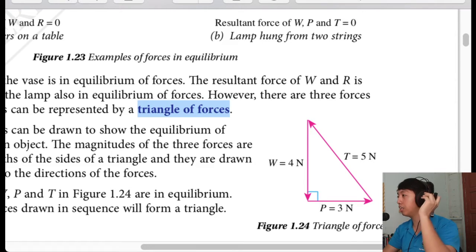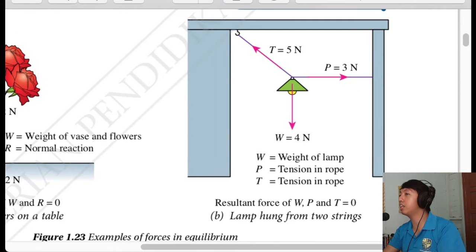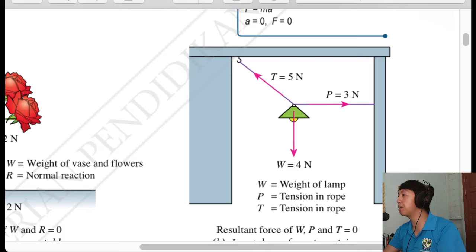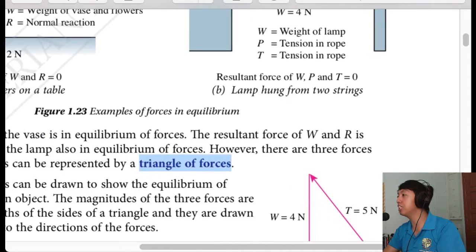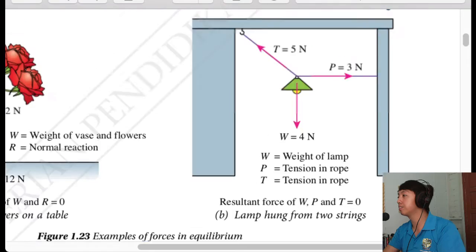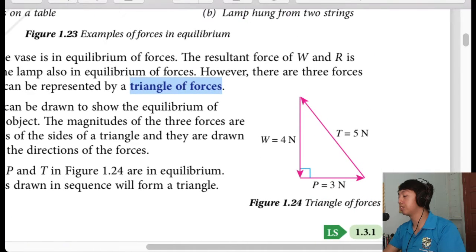Now, keep in mind that the sides of the triangle might not look exactly like what is in the picture. However, the direction of each side will be the same. Okay, so let me show you how we can get the triangle and how the triangle actually shows us the resultant force is 0.